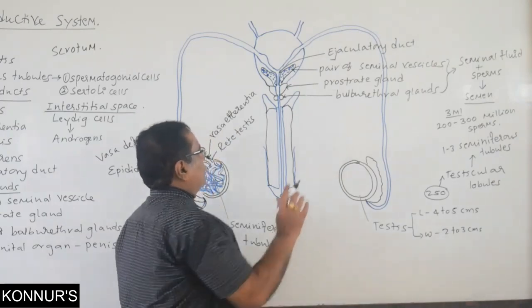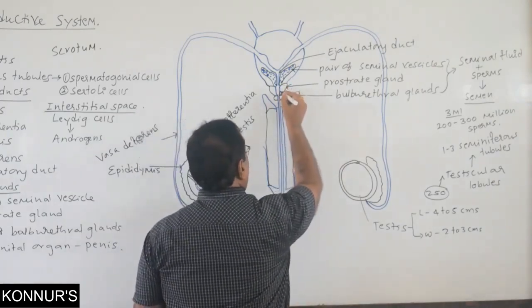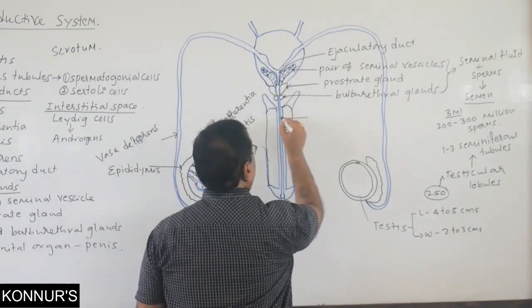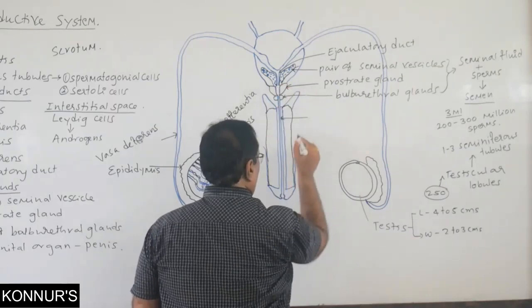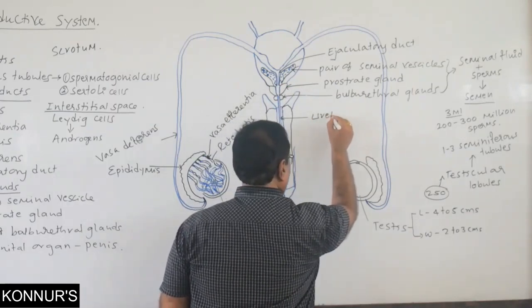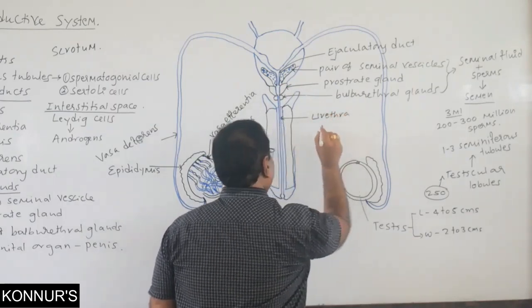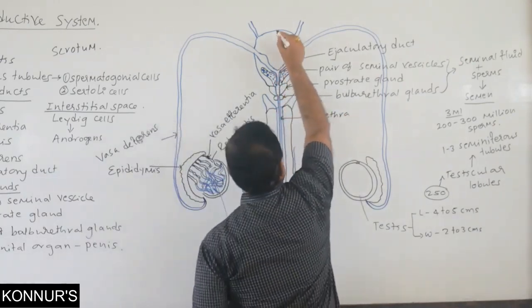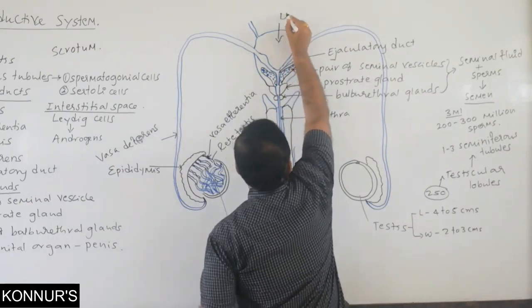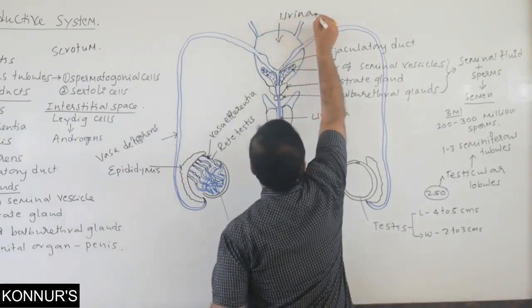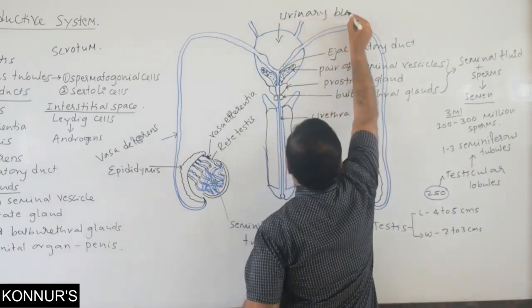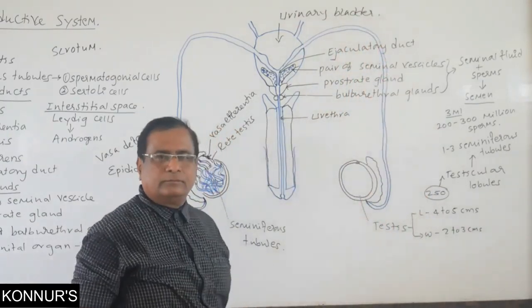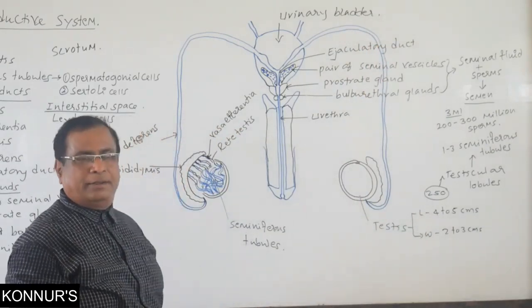And now the ejaculatory duct leads into the urethra. This is a long tube named the urethra. This urethra originates from the urinary bladder.